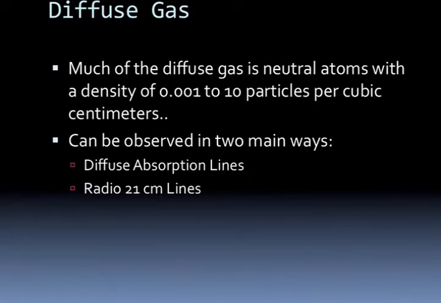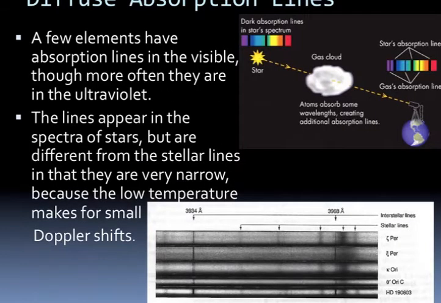Now, much of the diffuse gas is neutral atoms with a density of about a thousandth to 10 particles per cubic centimeter. And we can observe them two main ways: diffuse absorption lines and 21 centimeter lines, which would be in the radio part of the spectrum. A few elements have absorption lines in the visible, although more often they're in the ultraviolet.